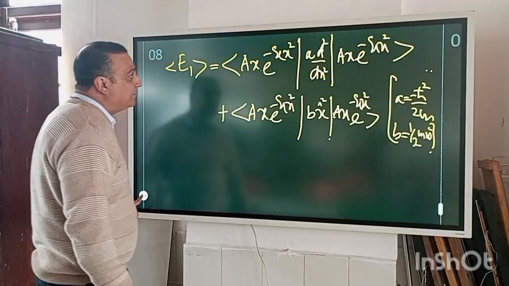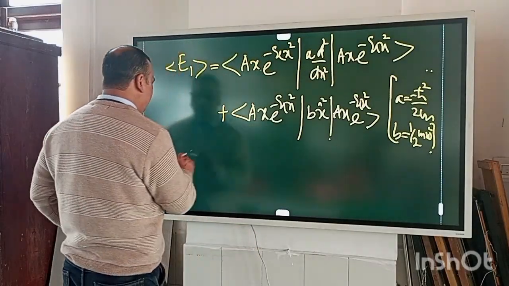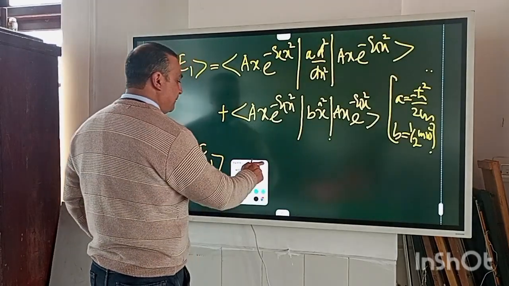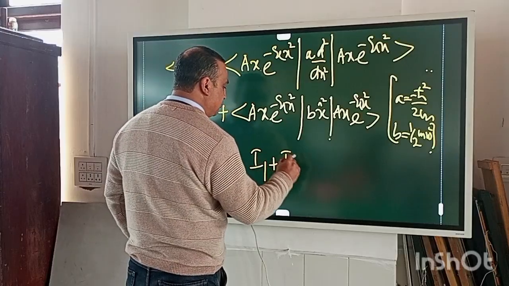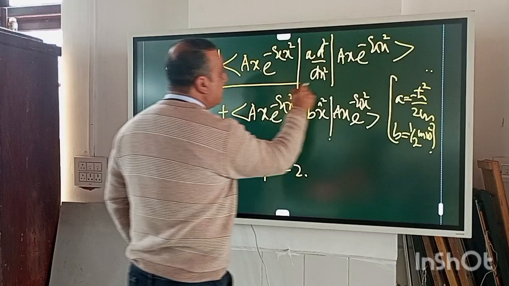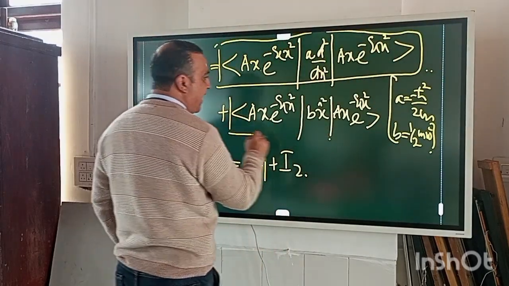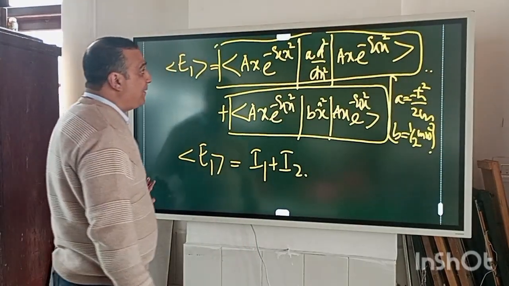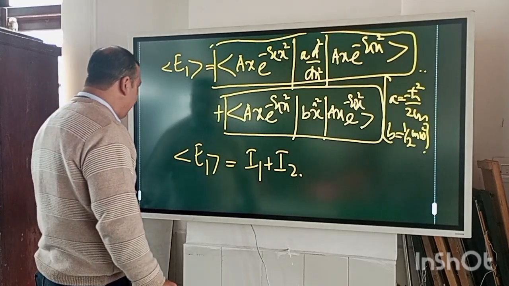So we can write this in integral form: E1 is I1 plus I2. I'm referring to this part as I1, and this part as I2. Let us look at mathematically how these look and how to calculate these integrals.